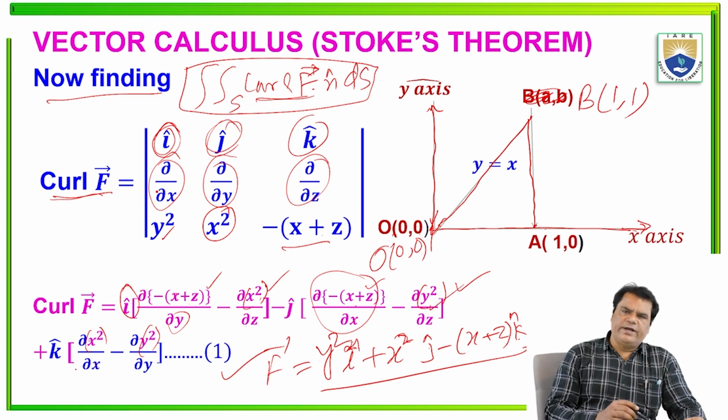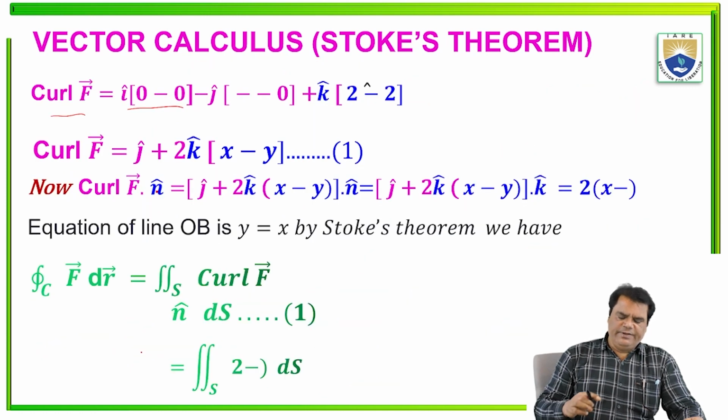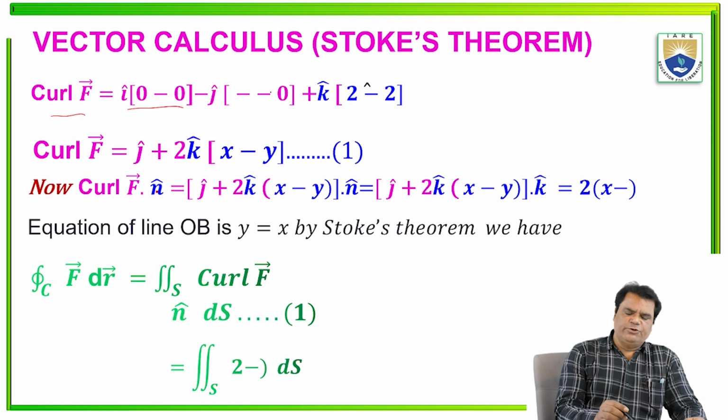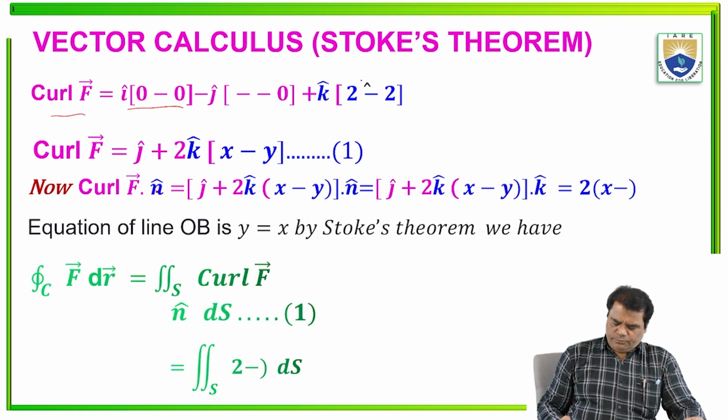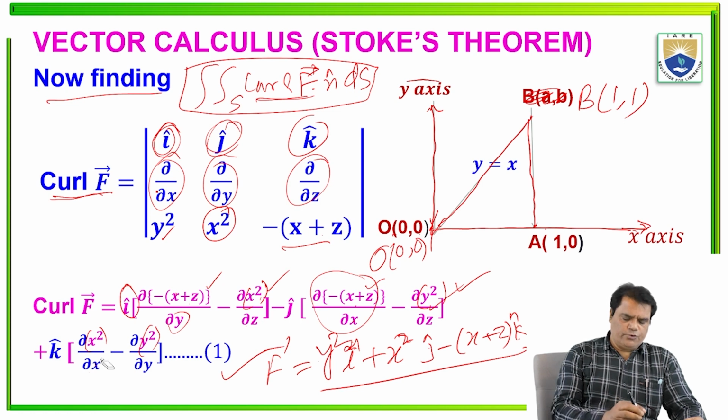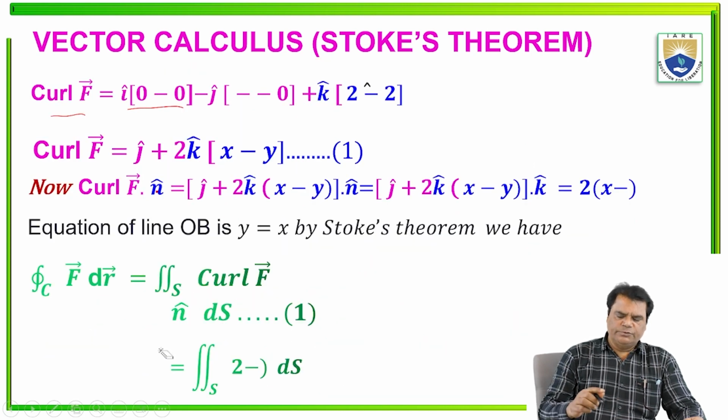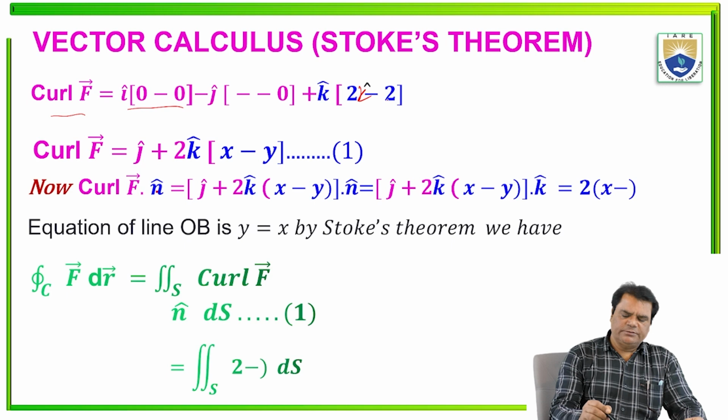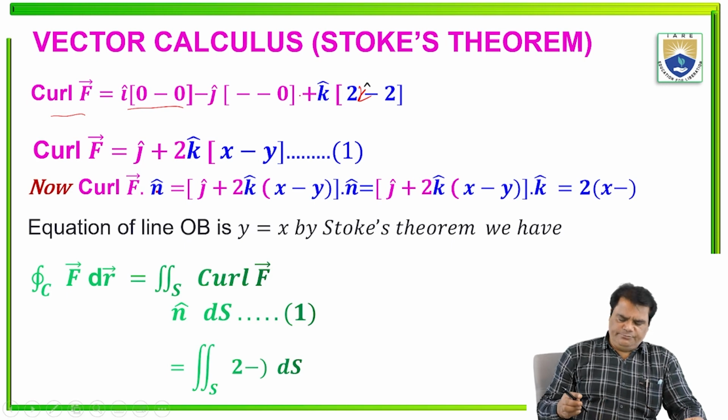Derivative of x² is 2x and of y² is 2y. So finally we get 0 and 0 for i, and for k we get 2x and 2y.